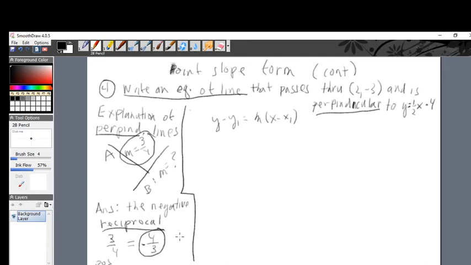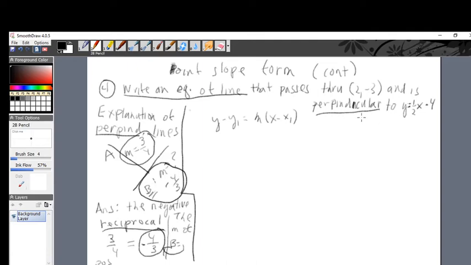So the slope, the m of B, is equal to negative 4/3. If m is equal to 3/4, then the slope of B is negative 4/3.